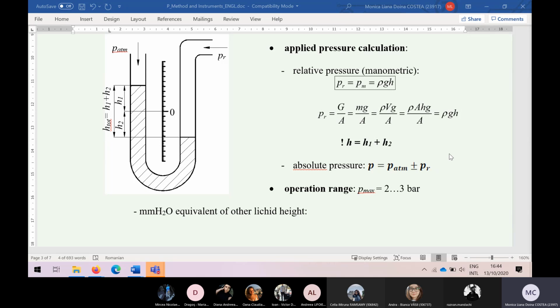The water has 1,000 kilogram per cubic meter, while the mercury has 13,595. So almost 14 times greater. All right, excellent. So you will be able here to derive the equivalent in millimeter water column of another liquid height.